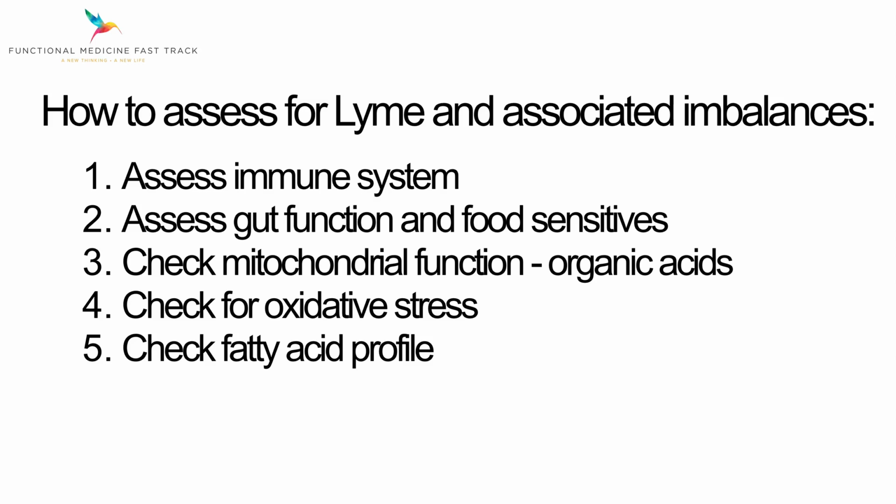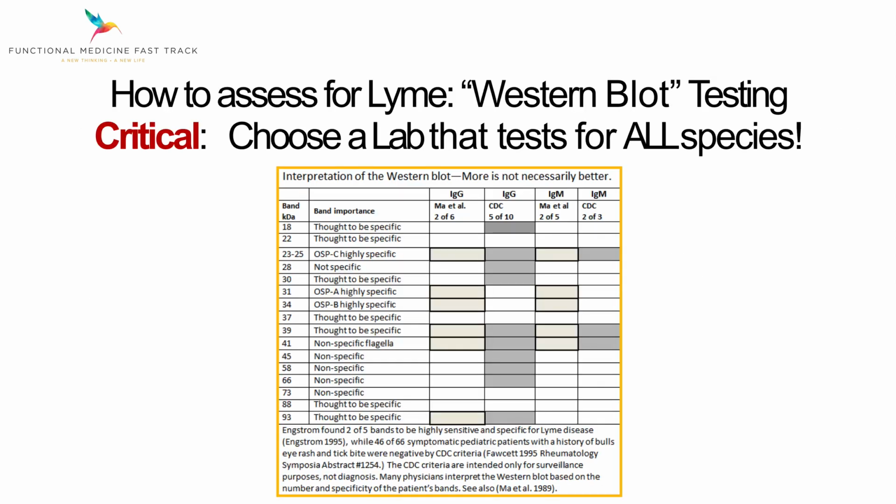Check fatty acid profiles, because we need to make sure that that cascade of omega-3s and omega-6s are very well balanced to help with that inflammatory cascade. We also need the cell membranes to be as optimized as possible. Otherwise, we're just going to keep getting further stress throughout the body.